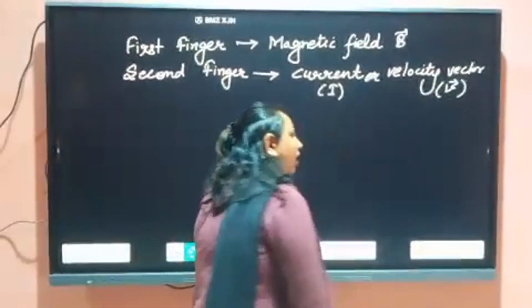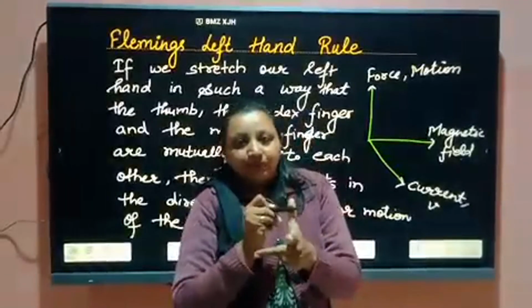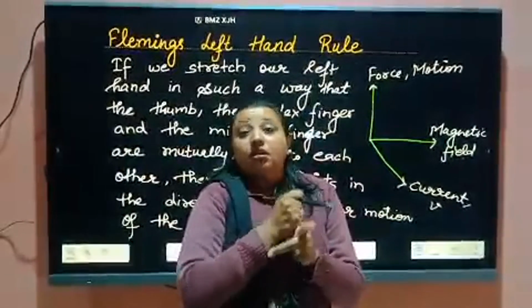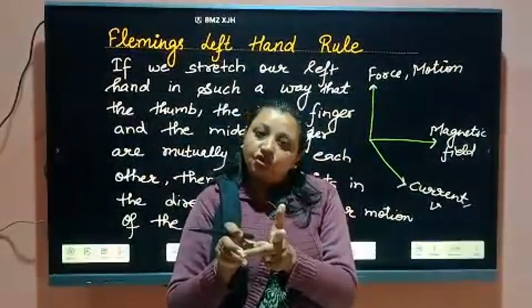Understood? How can we memorize it? Father, mother, child. Father has a big responsibility, then mother, and then children.